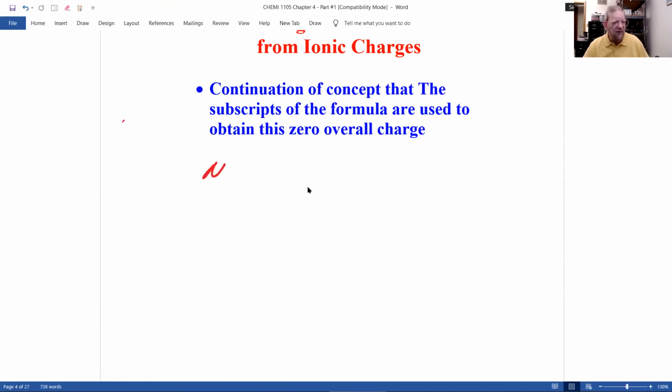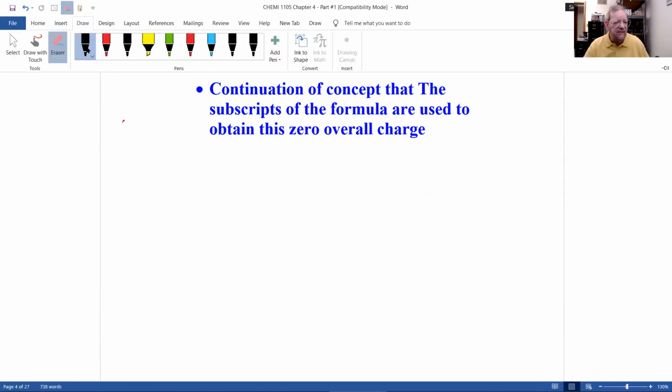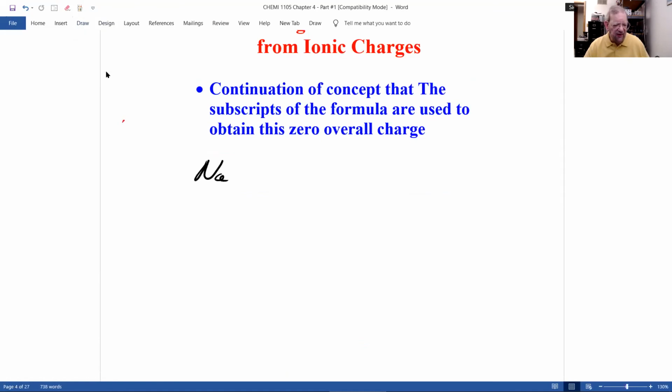Sodium has a +1 charge. And chlorine has a -1 charge. This always adds up to 0, always, in any ionic compound.